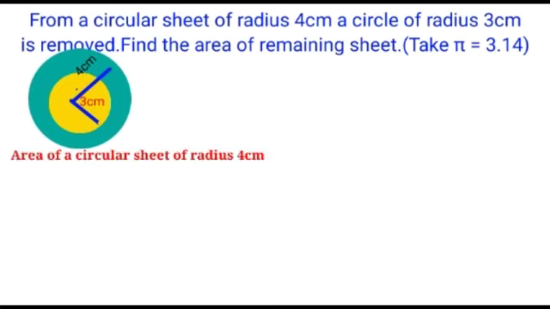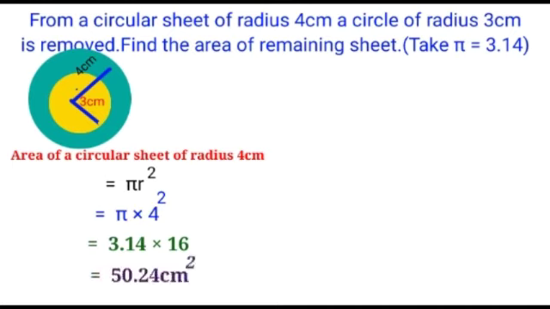Here first we are going to find out the area of a circular sheet of radius 4 cm is equal to pi r square. That is equal to pi into 4 square because radius is equal to 4 centimeter. That is equal to 3.14 into 16 is equal to 50.24 centimeter square.